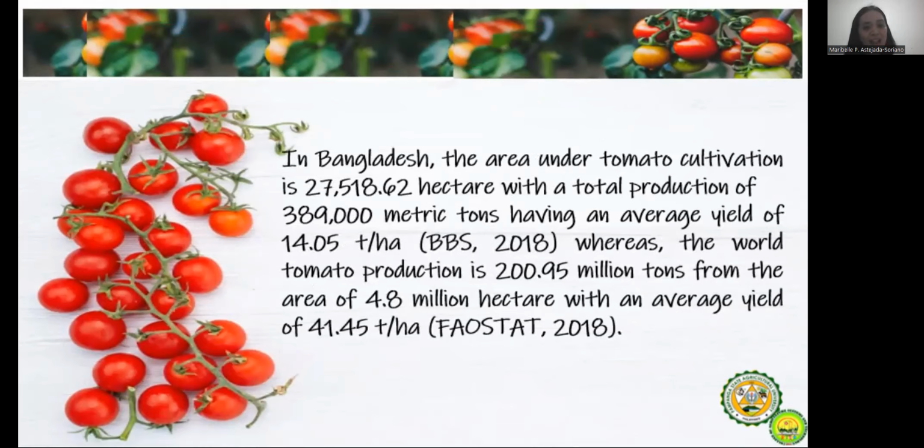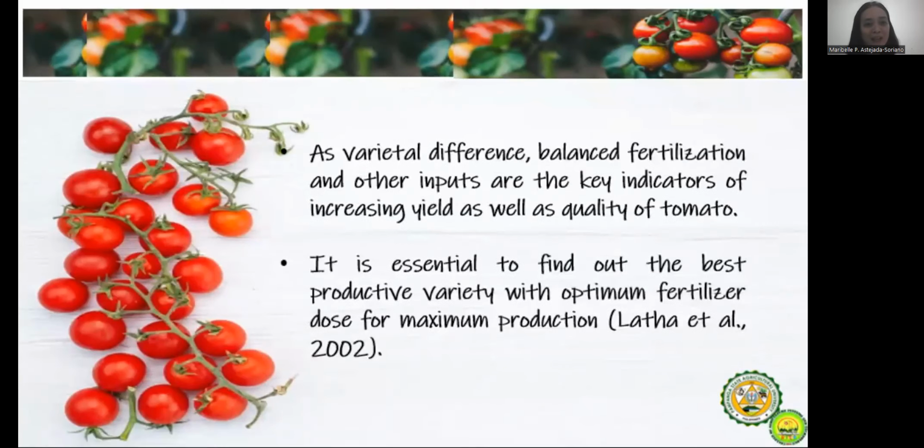And in Bangladesh, po, the area under tomato cultivation is 27,518 hectares with a total production of 389,000 metric tons, having an average yield of 14 tons. So double po yung kanilang naaani as compared to the Philippines, where we only have 70 tons, according to the PSA.